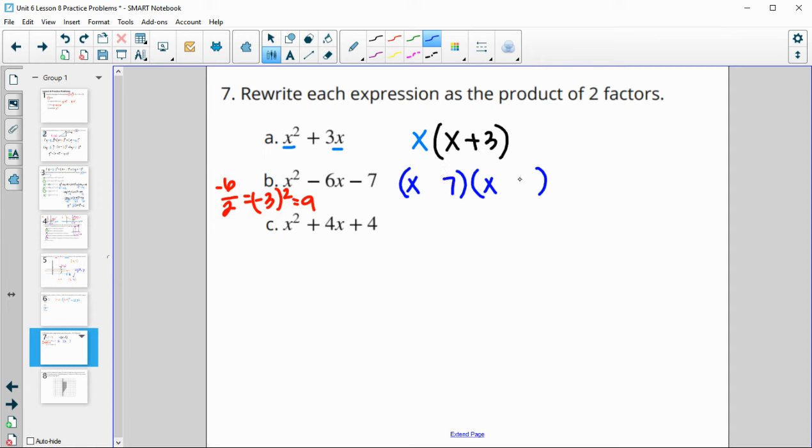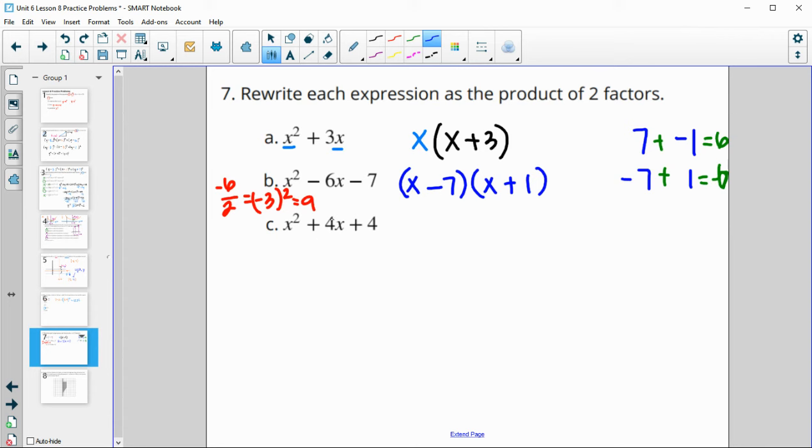Okay, so what numbers, and 7 is prime, so it's got to be 7 and 1. So what multiplies to -7? Either 7 times -1 or -7 times +1. And then we want to find the ones that add to -6. So 7 and -1 adds to +6, -7 and +1 adds to -6. So we want this to be -7 and +1.